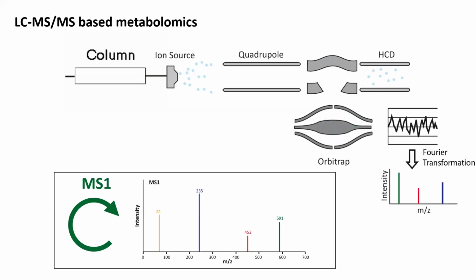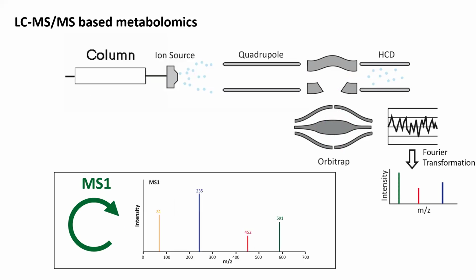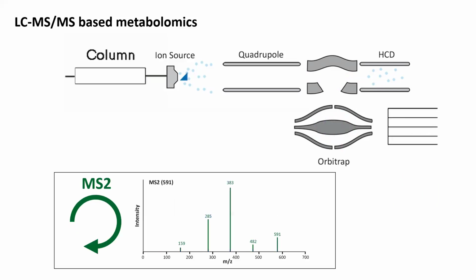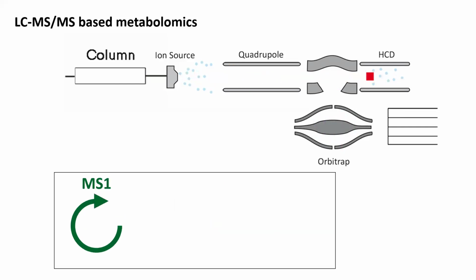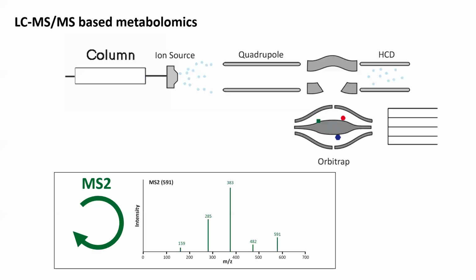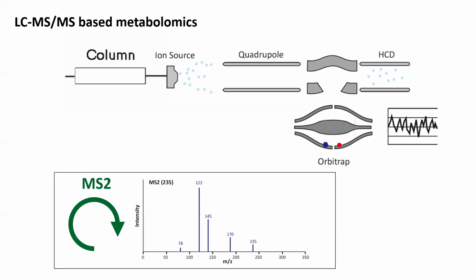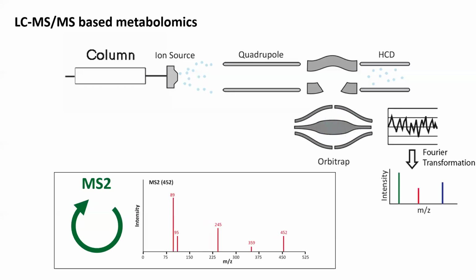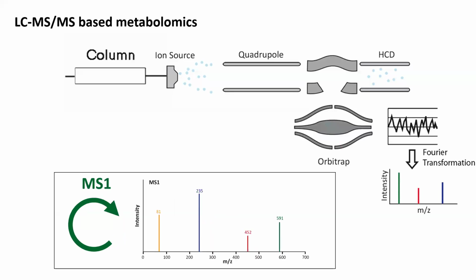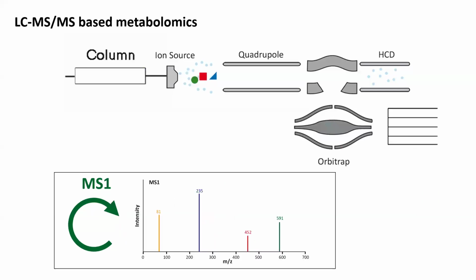This cutting edge detector records MS1, and by setting different parameters we can decide how many of the most abundant ions per duty cycle we want to fragment. You can fragment the top 3, the top 5, the top 10. There is no best parameter, as you already learned from Stefan and Allegra; it depends on what you're looking for. So the top N ions are fragmented, and we also have the MS2, the fragmentation of those.